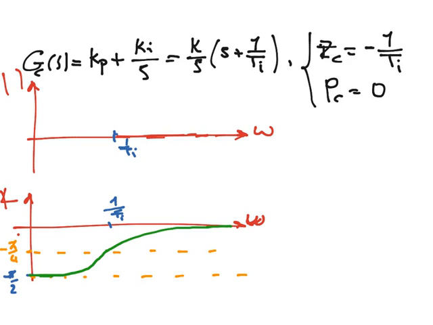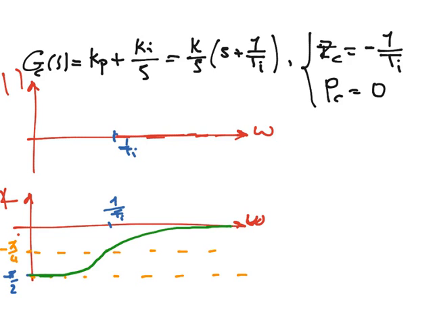Regarding the amplitude, for very low frequencies, we will have a line for the amplitude with a slope of minus 20 dB per decade, and for very high frequencies, the amplitude will be equal to 20 logarithm K in decibels, and at the frequency equal to 1 over Ti, we will have the corner.